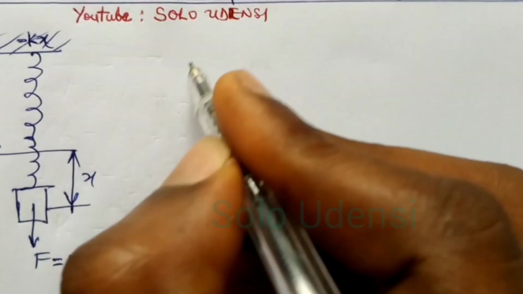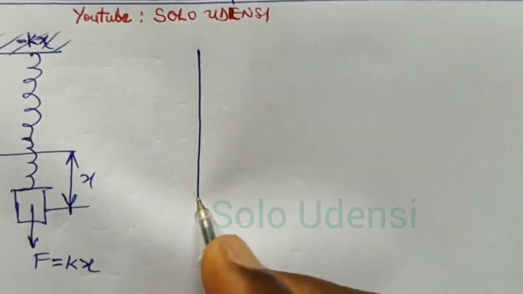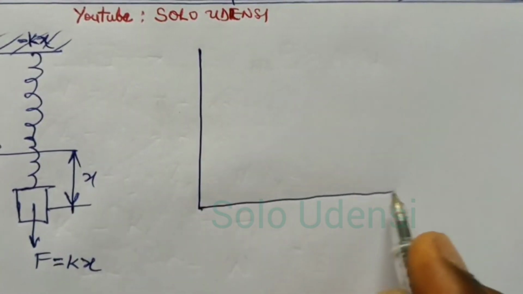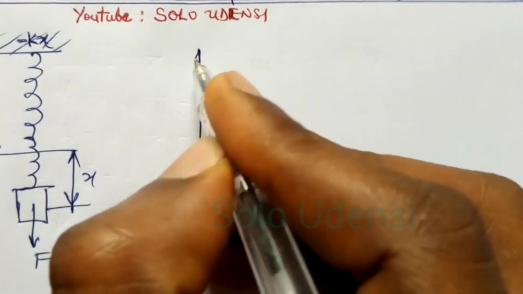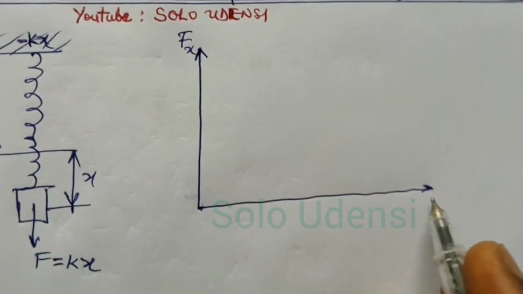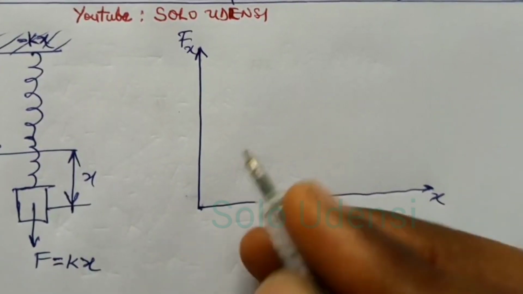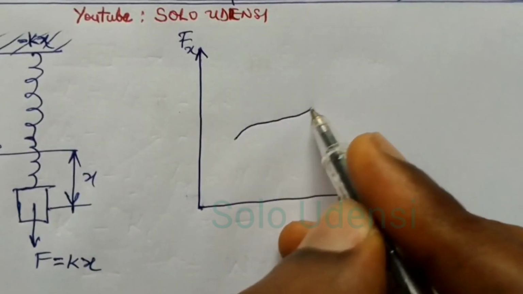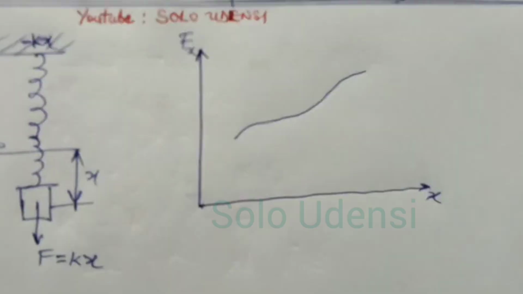And then if we plot a graph of this variable force Fx as a function of displacement x, we can get a curve that looks like this.